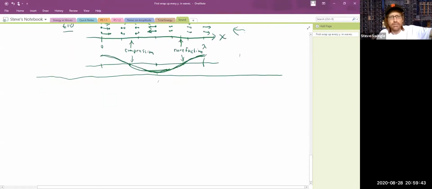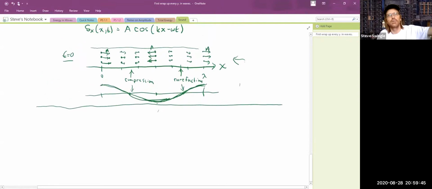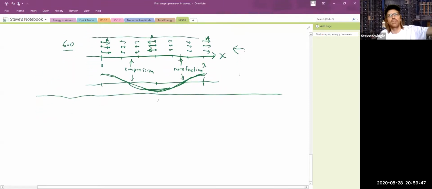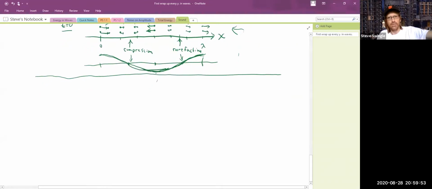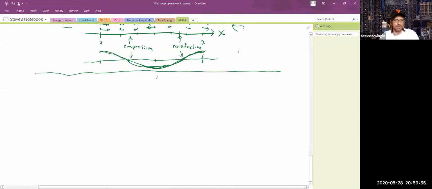All right, so that's how harmonic sound waves work, how the particles distribute. Actually, we'll learn later in this class, when we do thermodynamics, that the air molecules don't just sit in place; they're constantly moving. So it's kind of funny to talk about air molecules being displaced from their equilibrium position, because there really is no equilibrium position for them.